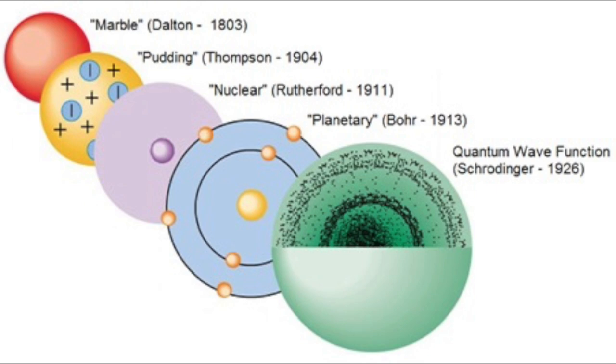However, there was one fatal problem with Rutherford's model of the atom. Specifically, according to Maxwell's equations, which describe the electromagnetic force, when you accelerate a charged particle, and of course an electron is a charged particle, it should emit light, or electromagnetic radiation.